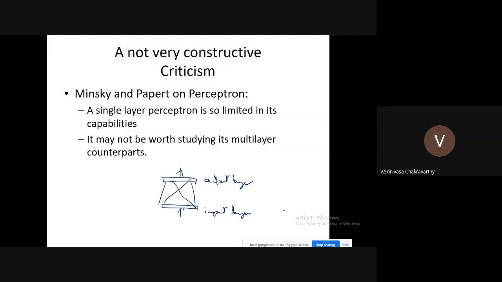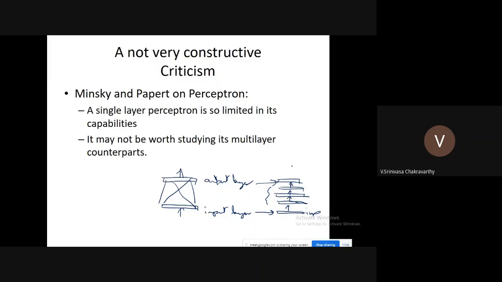They said there's no point studying more complicated versions of this network where you have more layers between the input and the output. So this is the input layer, this is the output layer, and in between, you can have more layers. They made a brash judgment that there's no point studying multi-layer versions of this network, which will be called a multi-layer perceptron.